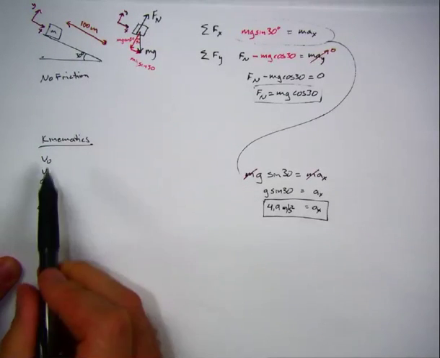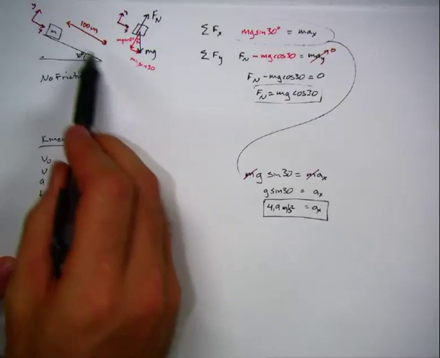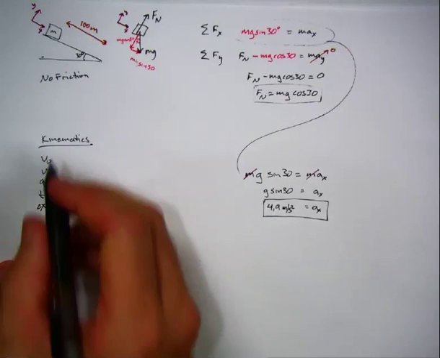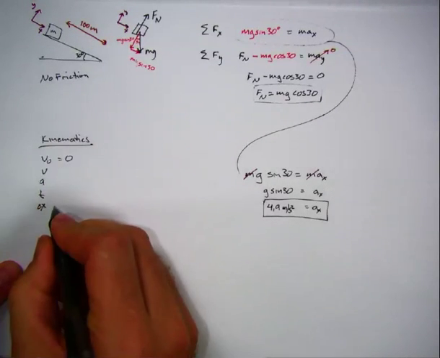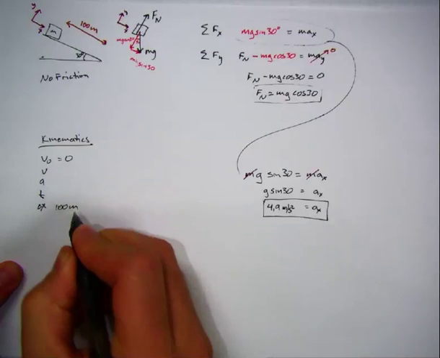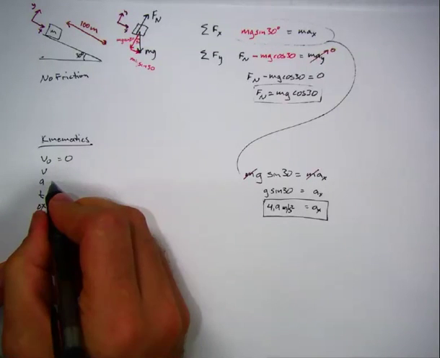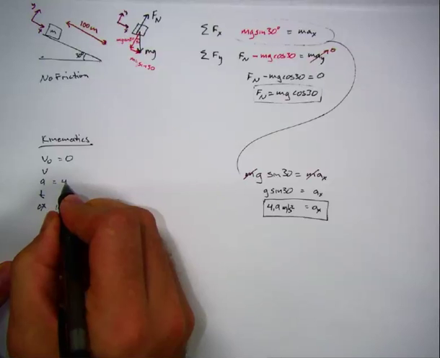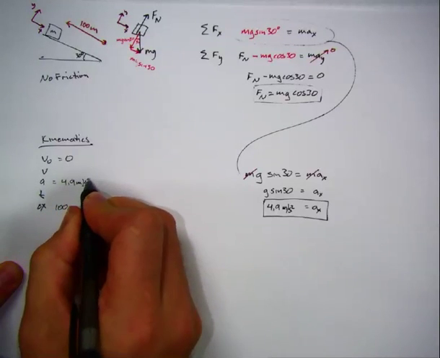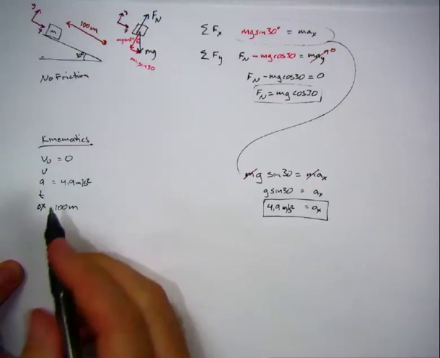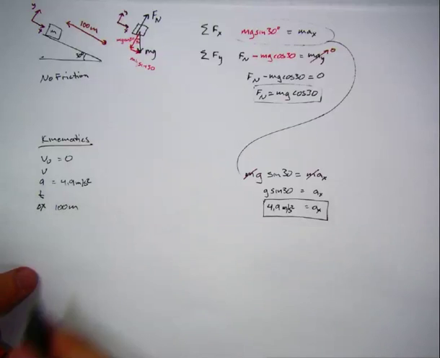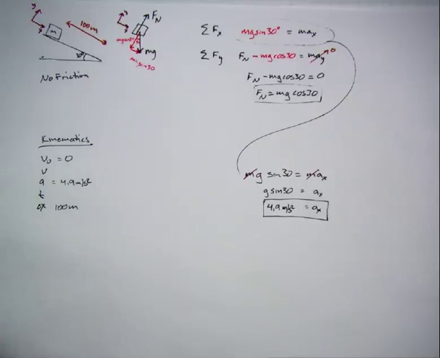Notice that we're only doing things in one dimension because the box is only moving in x. Nothing's going on in y. Start this thing at rest, move it for 100 meters, find the acceleration. The acceleration we said was 4.9 meters per second squared. Now we can find the final velocity, or how much time it takes to get down the hill.